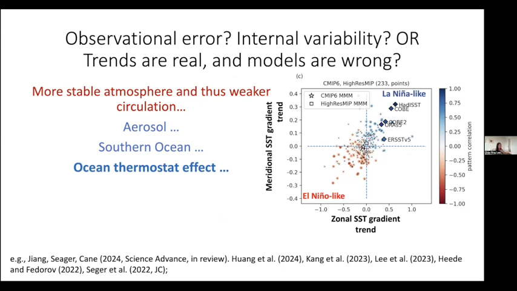Several studies show that, first of all, it's unlikely to be observational error. The reasons supporting the La Nina-like pattern include aerosol and the Southern Ocean, but one of the most interesting ones, developed by Lamont scientists, is the so-called ocean thermostat effect. What it means is that when the global ocean is warming up, you usually warm up at the surface.